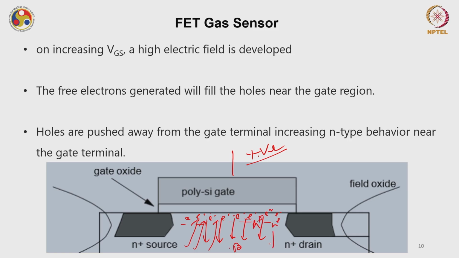Okay, so this area near this junction will be deprived of any holes. So the whole of this area is now populated with electrons. Holes are pushed away from this terminal, which is actually increasing the n-type behavior at this terminal.